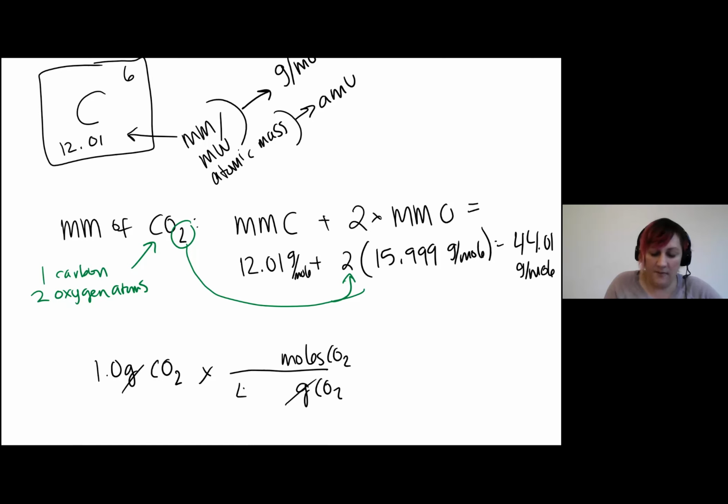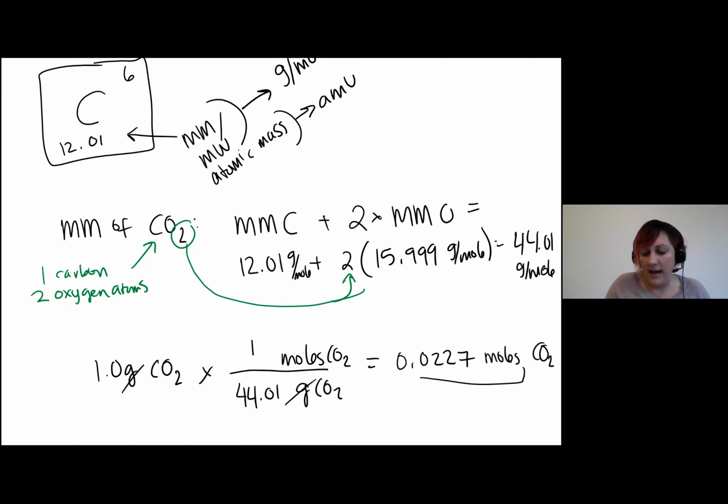So it's going to be 44.01 grams for every 1 mole of carbon dioxide. And so I'm just going to be dividing that 1 gram of CO2 by 44.01 in my calculator. And I get 0.0227 moles of CO2.